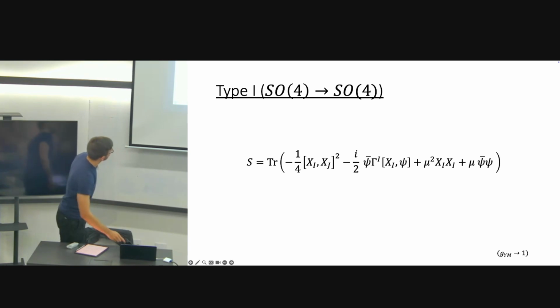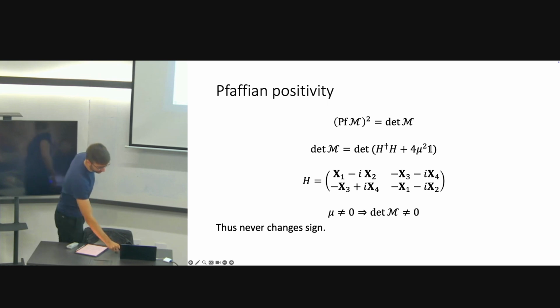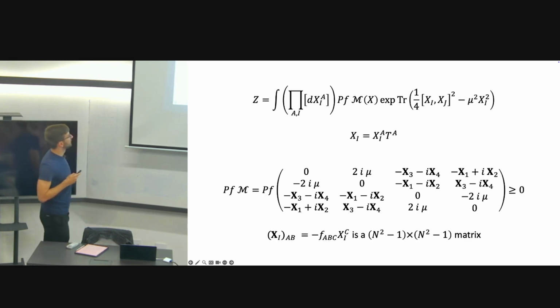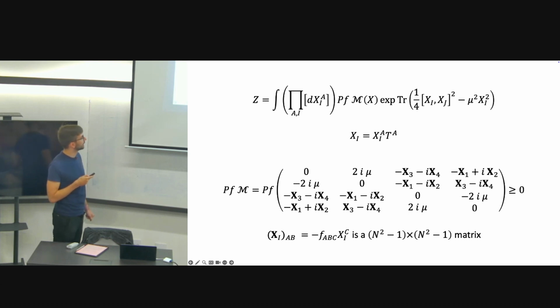So to be very concrete, what is the integral that one needs to compute? It's that integral. If I integrate out the fermions, remember I had psi squared, then I get just this bosonic action, and I get the Pfaffian.